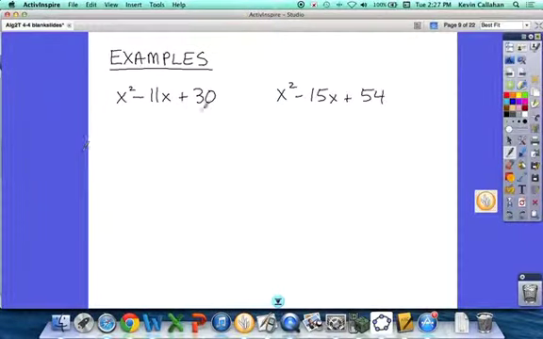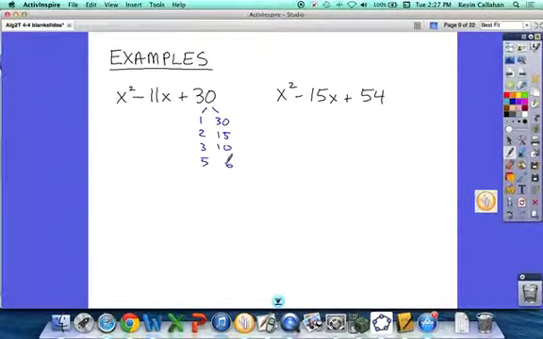So again, what are the factors of 30 that add up to 11? 5 times 6, right? 1 times 30, 2 times 15, 3 times 10, 5 times 6.